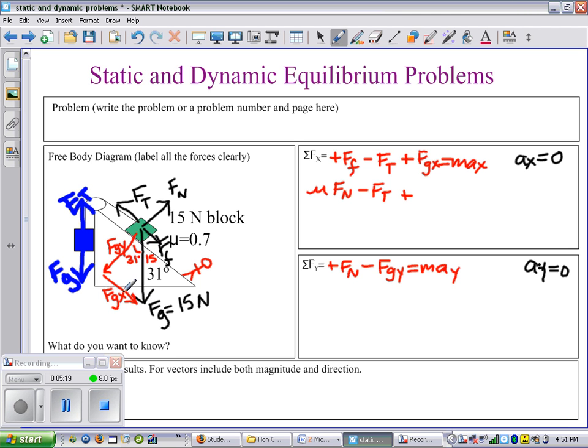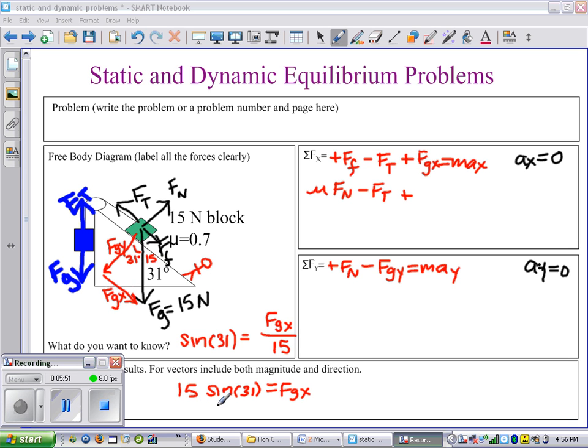So, to find FGX, that's opposite to 31, sine 31 equals FGX divided by 15, or 15 sine 31 equals FGX. So 15 sine 31 is 7.7.